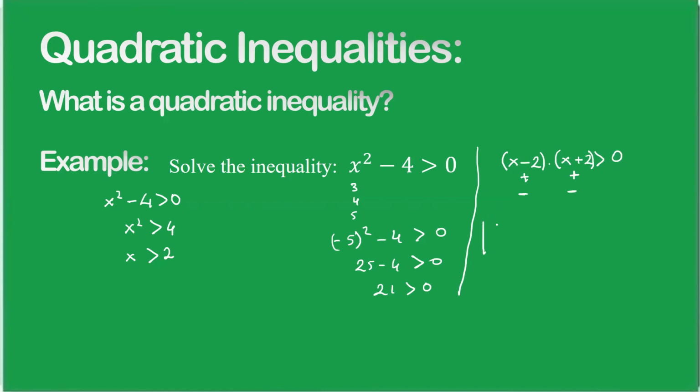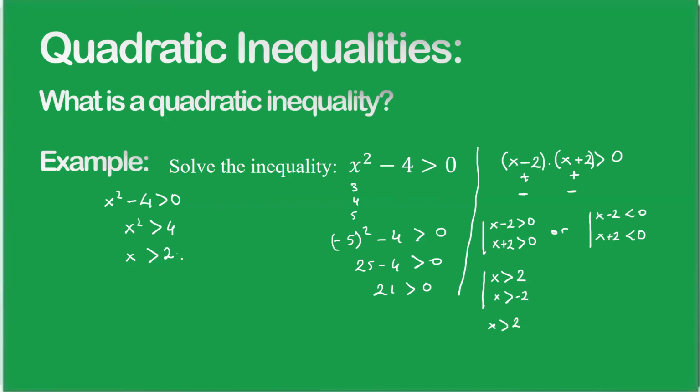Here we have two systems. The first one, x minus 2 is greater than 0, and x plus 2 is greater than 0. Or the second option, x minus 2 is less than 0, and also x plus 2 is less than 0. If you solve these systems, you're gonna get x is greater than 2, x is greater than minus 2. What about the common solution of this system? So x is just greater than 2.